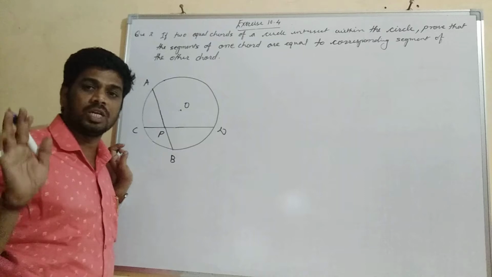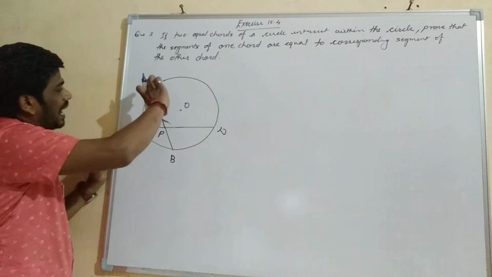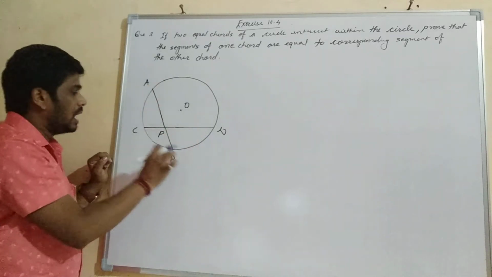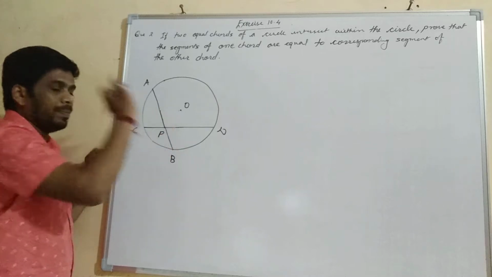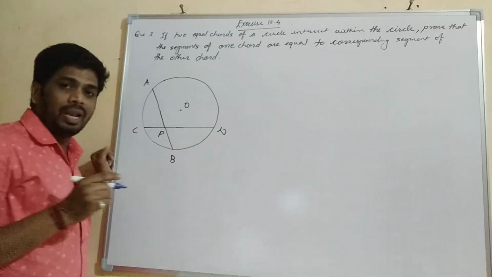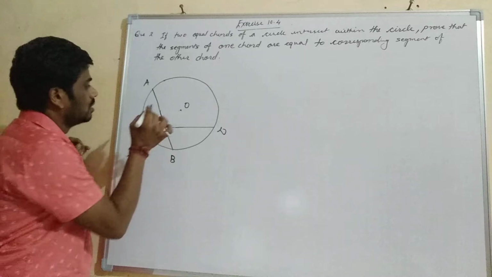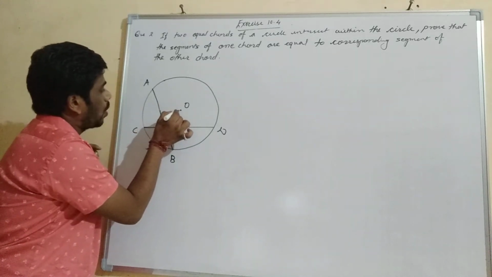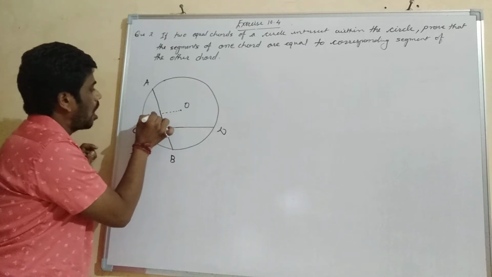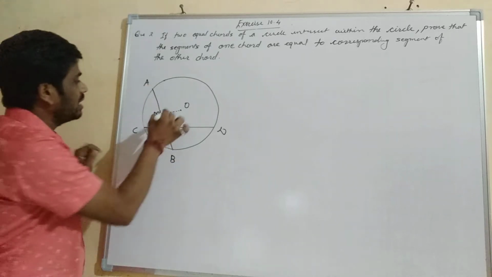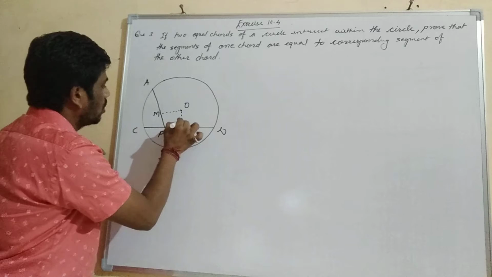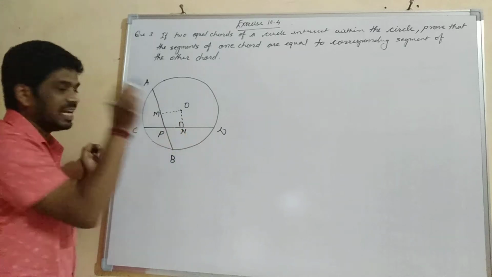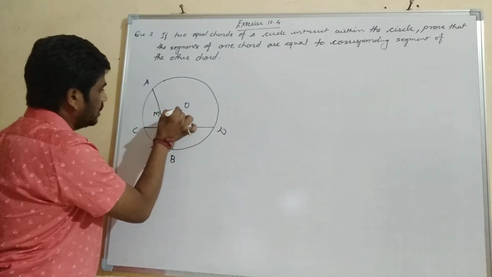AB is equal to CD is given, and we have to prove that AP equals PD and CP equals BP. For that, we will construct here. We will draw perpendicular OM on AB and ON on CD, and we will join OP also.